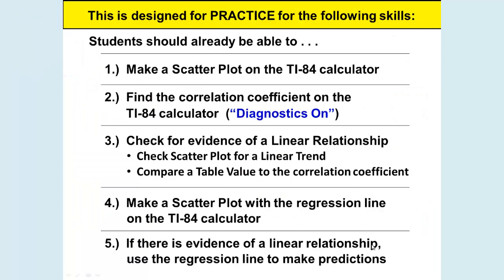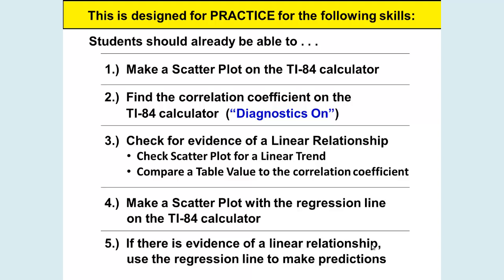This is designed for practice for the following skills. The student should already be able to make a scatter plot on the TI-84 calculator and find the correlation coefficient on the TI-84 calculator. Your diagnostics should already be on.